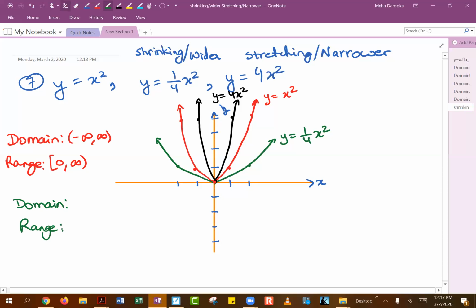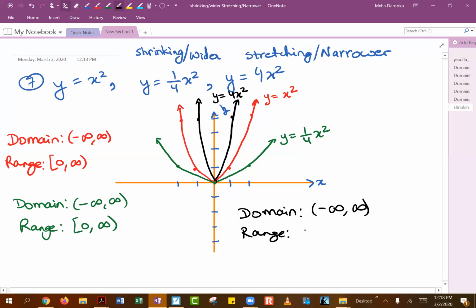You're not moving it up or down. You're literally just changing the shape of your graph, so it does not affect your domain and range. Very nice. And what about the graph in black, which is y equals 4x squared? Same thing, very nice. Everybody okay on that part?